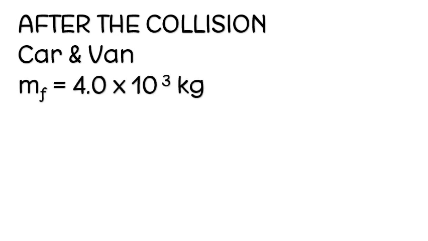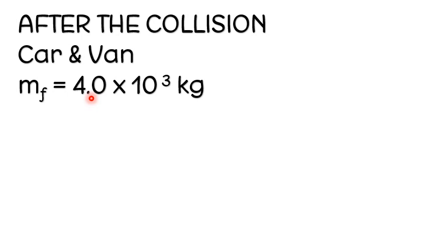After the collision, since this is a perfectly inelastic collision, the car and van is taken as one particle after the collision. Hence, their final mass is a combination of their masses.